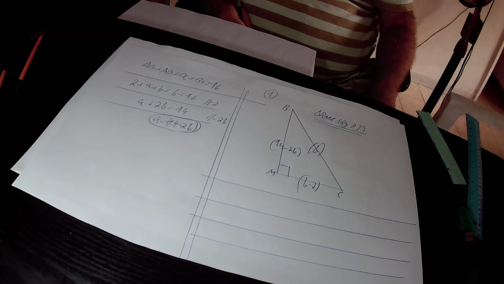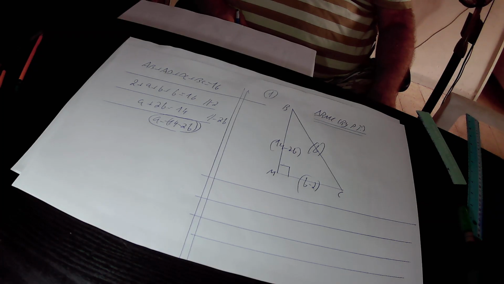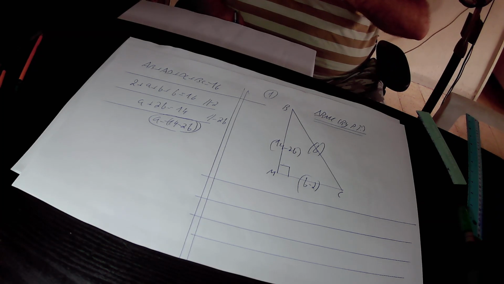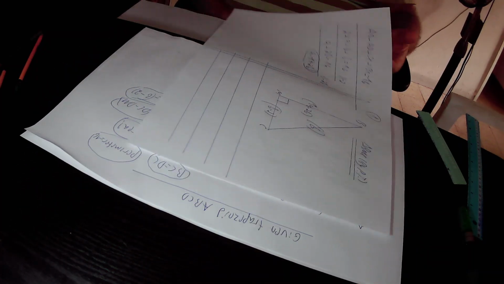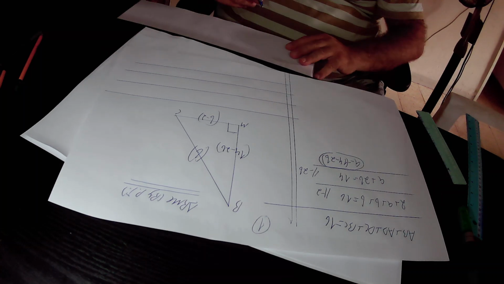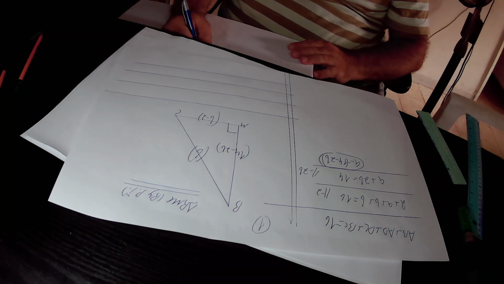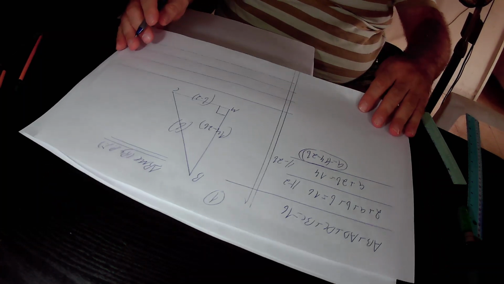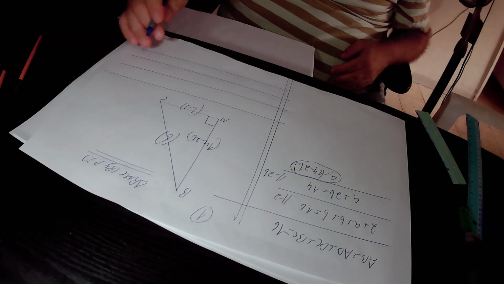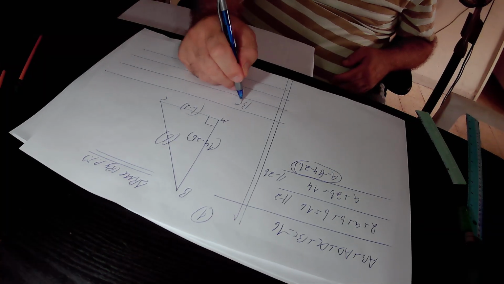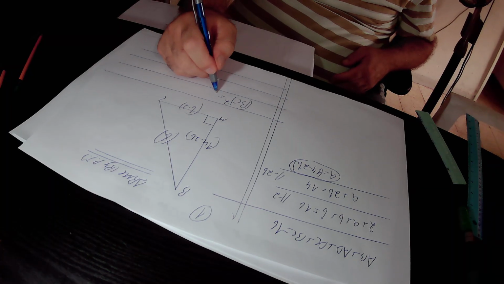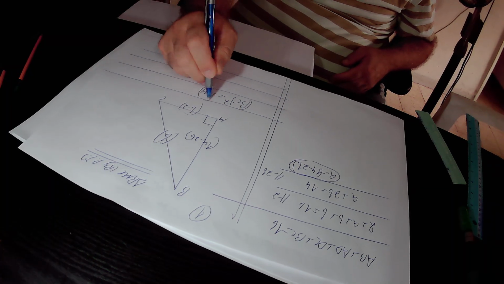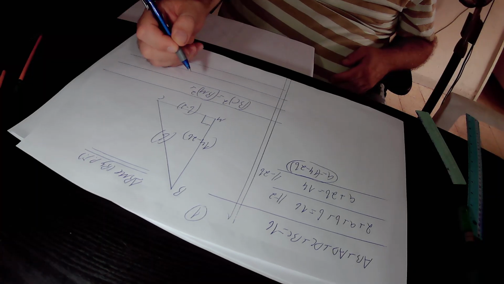In this right triangle BMC, BC squared, that is the square of the hypotenuse, equals BM squared plus MC squared. So I write it down. BC squared, the square of the hypotenuse, is equal to BM squared plus MC squared.